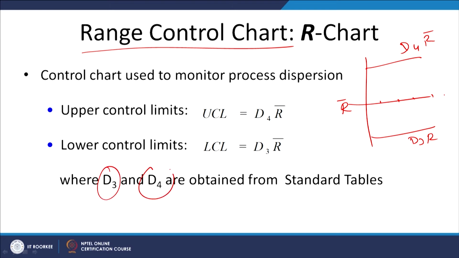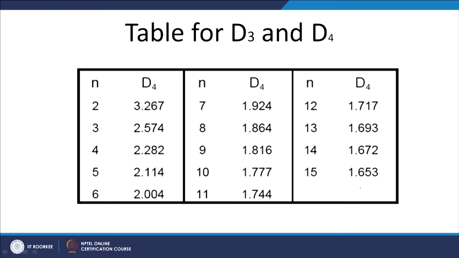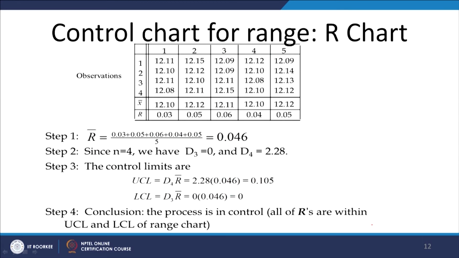D3 and D4 are the coefficients which are obtained as per the sample size from the standard table. The table here primarily shows D4; likewise we can get it for D3. Here are different sample sizes and the corresponding values of D3 and D4.